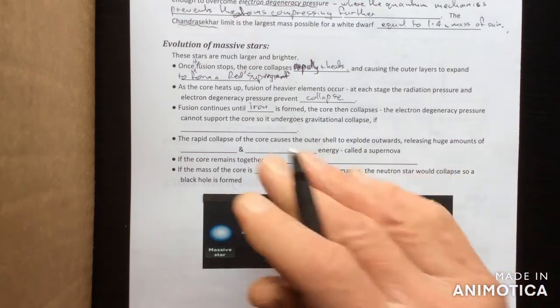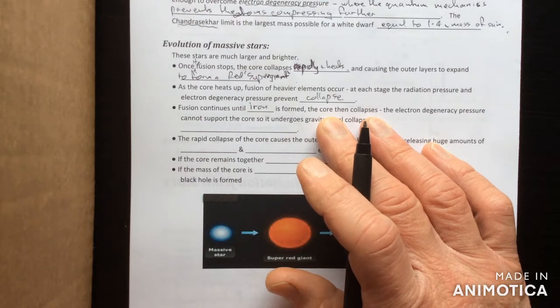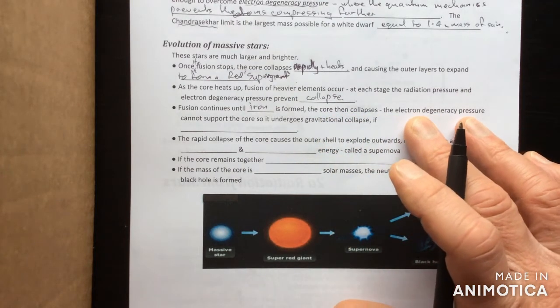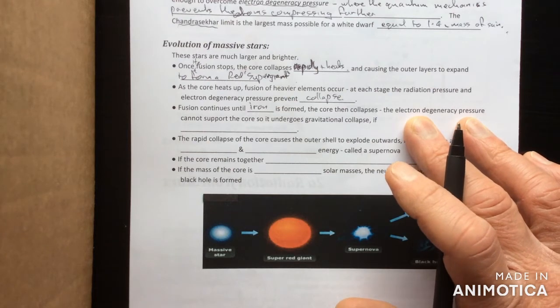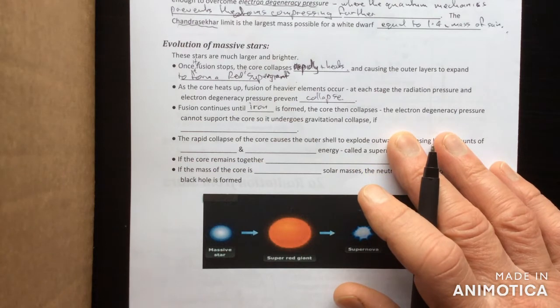So what happens is when you get to the iron stage, the core can't take it any further, it collapses. You get a breakdown of the atomic structure itself, and electrons collapse in on themselves. They can't support that core under that pressure.